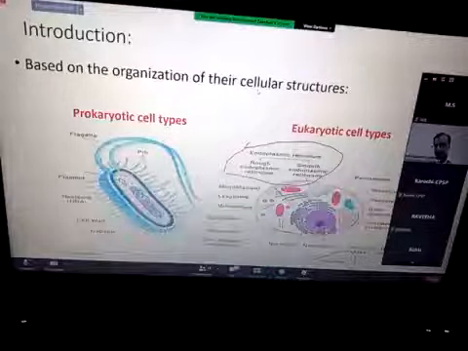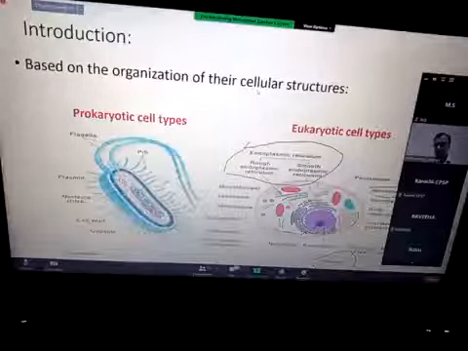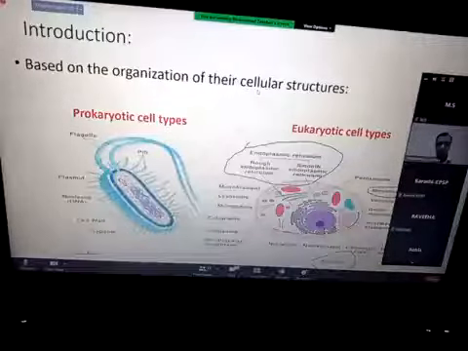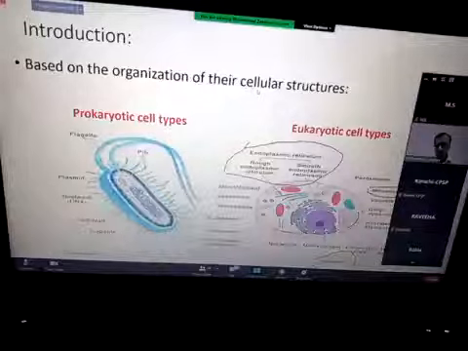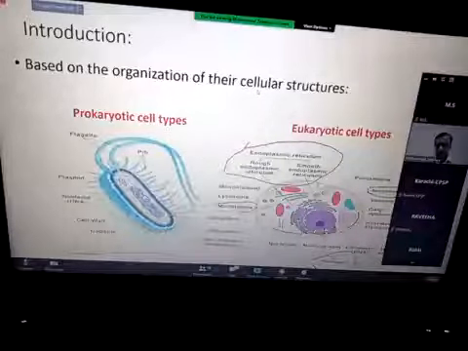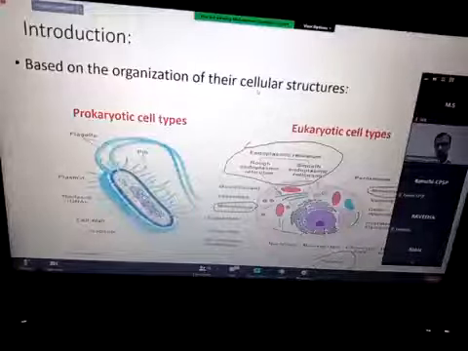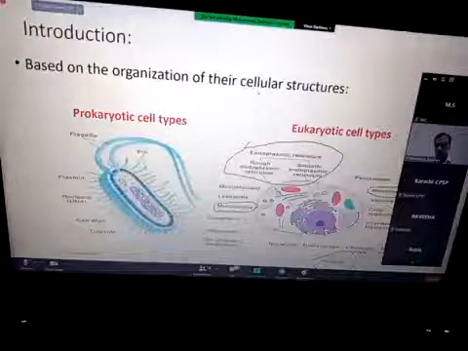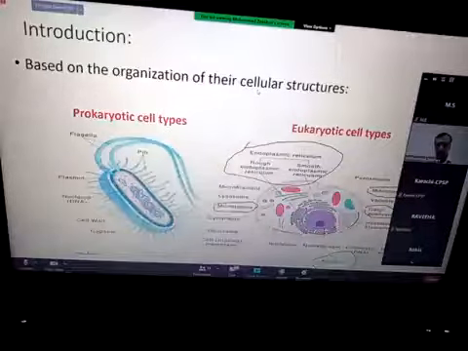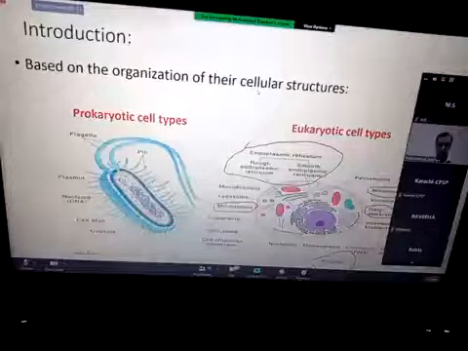It has a very important organelle, which we call mitochondria, which is absent in prokaryotic cells. It has microtubules, which again have a very important role in structuring these cells. It has the Golgi bodies, which again are a very important structure in metabolism. So they have a common cell membrane, all these things.